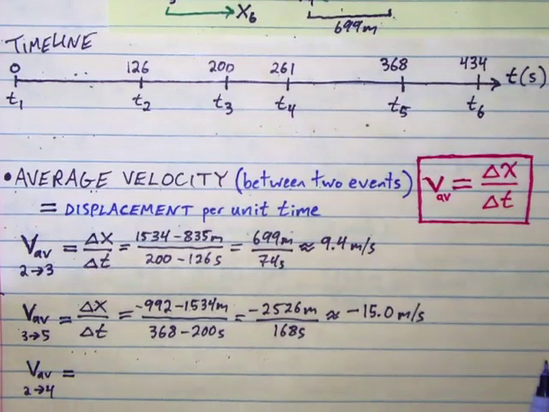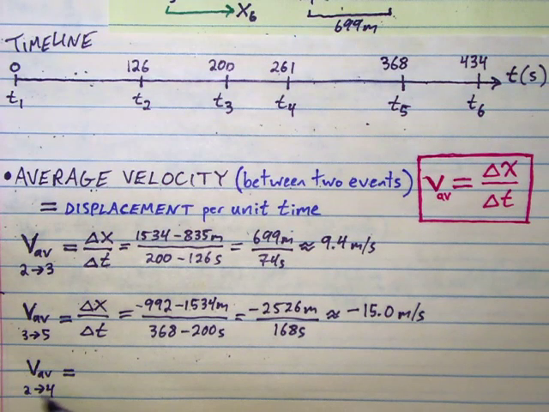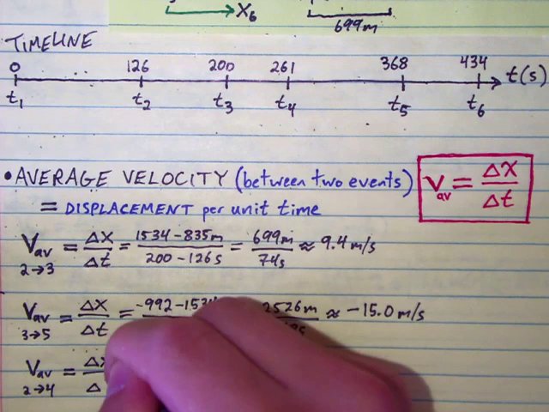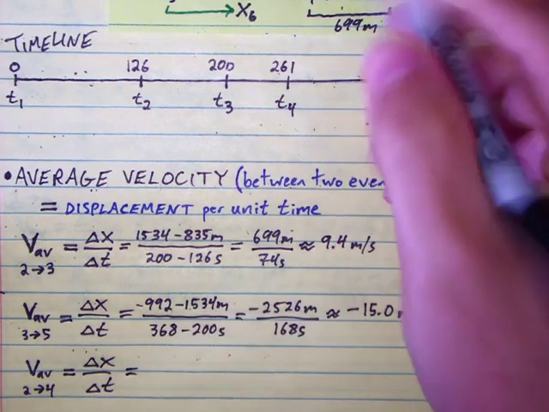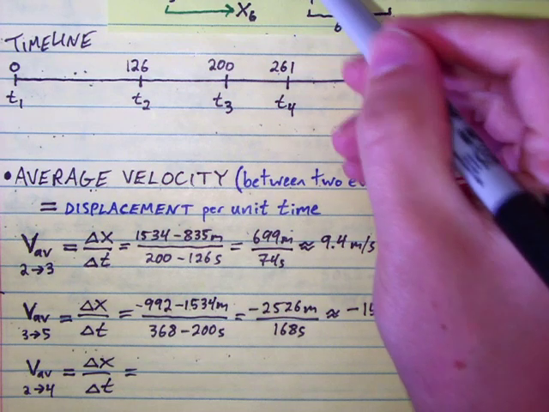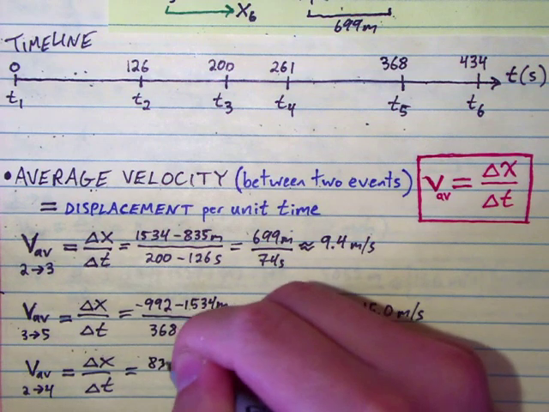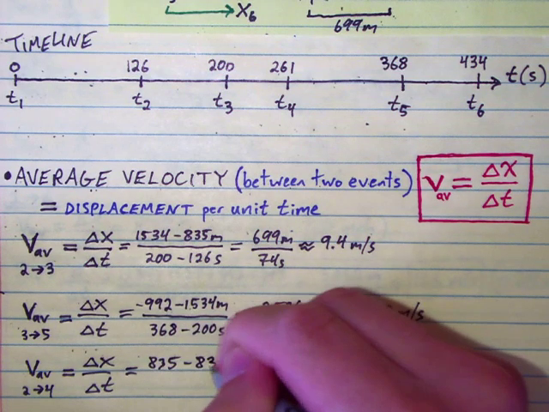One more example of average velocity between events 2 and 4. Okay, delta x over delta t, displacement over time interval. Final position was 835. Initial position was also 835. He ended up back where he started.